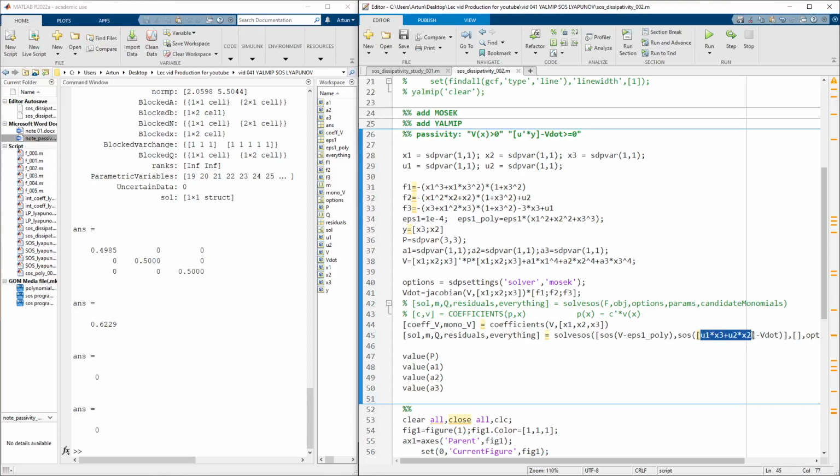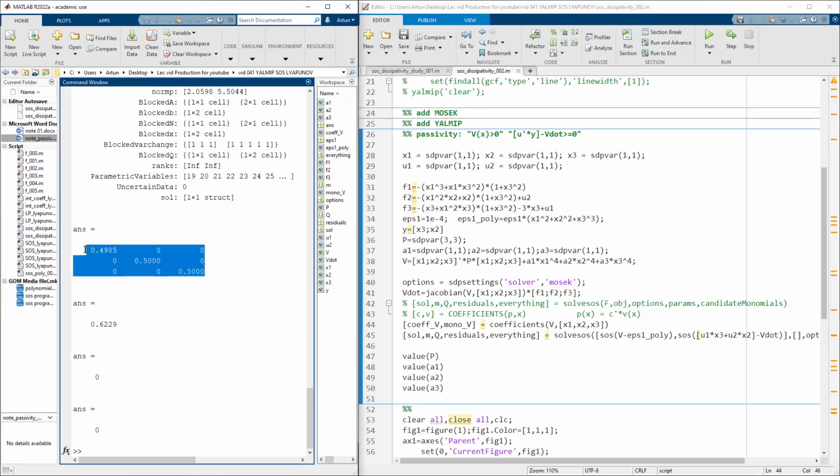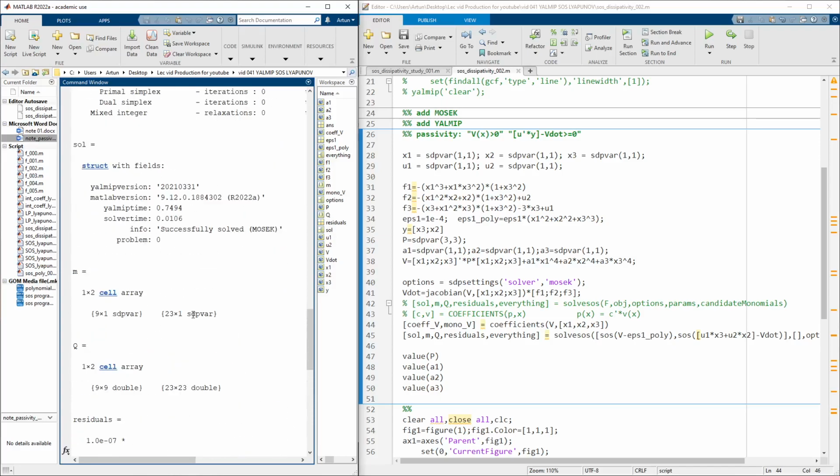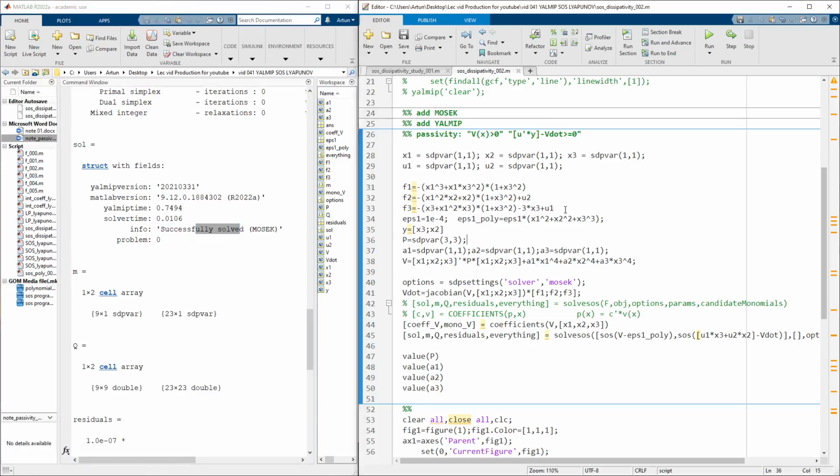Because x3 is y1, u1 times y1, and x2 is y2, u2 times y2. I think you are able to see that. And this is our answer. Let's check the magic word expression. Yes, successfully solved. This means this nonlinear dynamical system is passive. We just determined that.